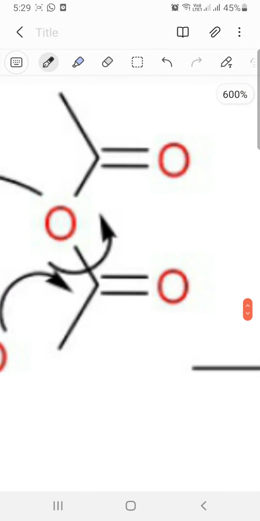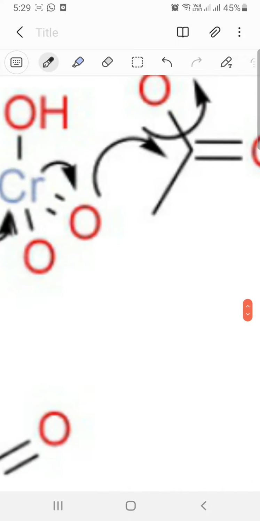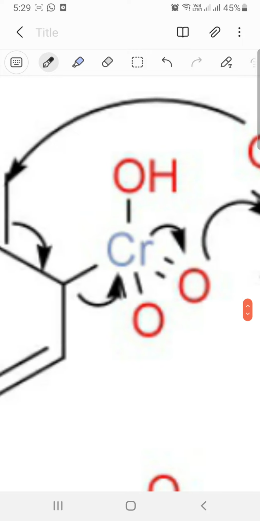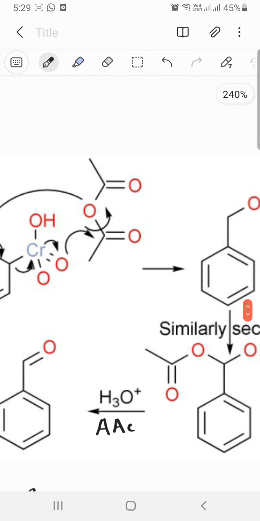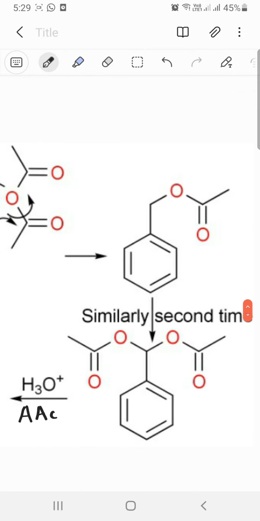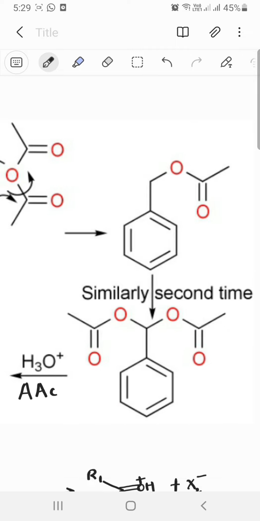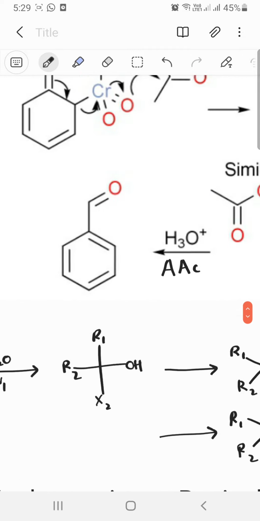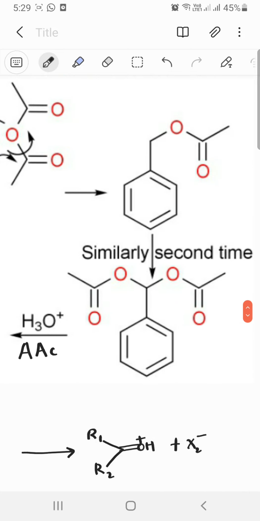So you can see the lower part of this anhydride is just not there anymore, because it got consumed by this thing that got kicked off, right? CrOOH. Similarly, second time you have another anhydride over there. Cool. And then H plus, acid catalyzed acyl cleavage. Okay.